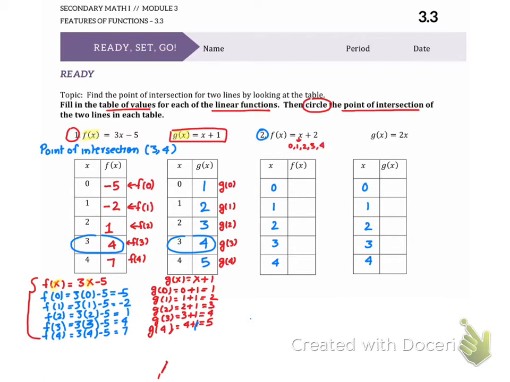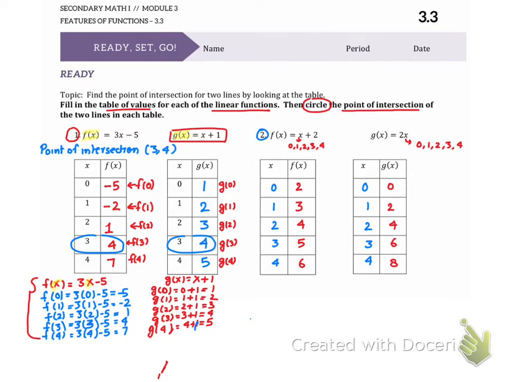So when I plug in 0, I get 2, next I get 3, then 4, then 5, and I get 6. Same way for g of x, our function is 2x. In this, x is going to be replaced by 0, 1, 2, 3, 4. Once I replace it, I get my corresponding g of x values, and that's going to be 0, 2, 4, 6, and 8. So that's my table.